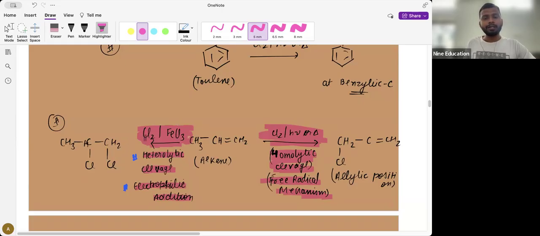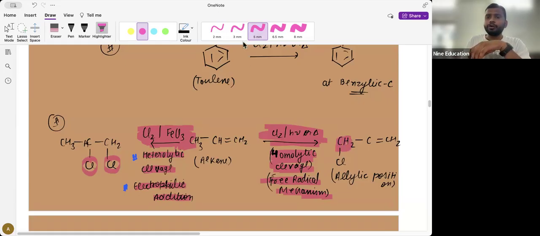So if we have Cl2 with any such reagent, without heat or light, in that condition both Cl will come and add on the alkene, on both the carbons. But if I have Cl2 with H nu, we should have homolytic cleavage, we will see the stability of the free radical, and the Cl will come at the allylic position.